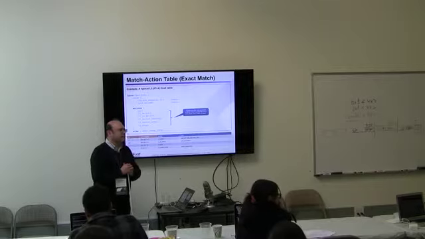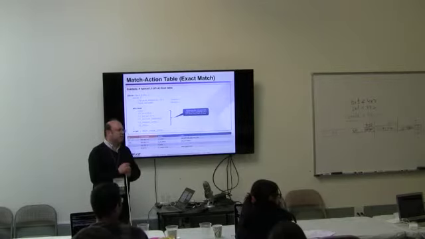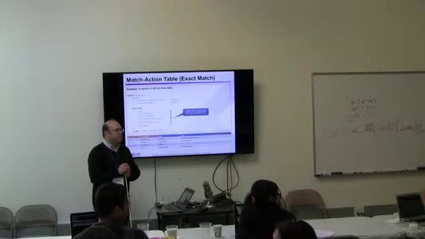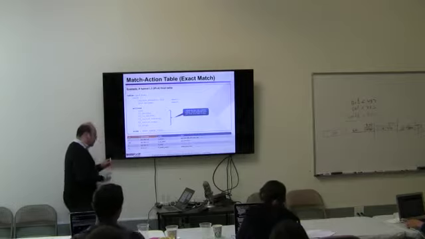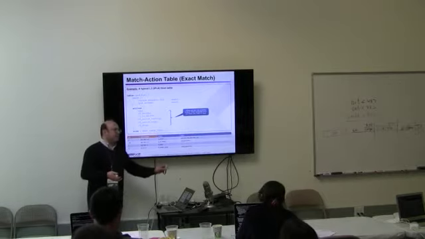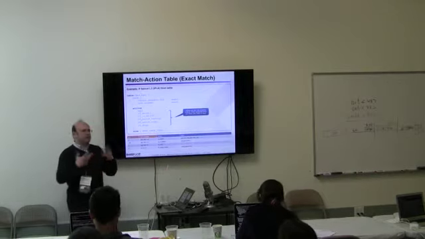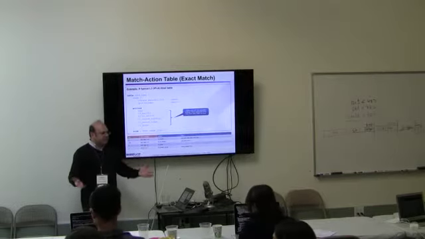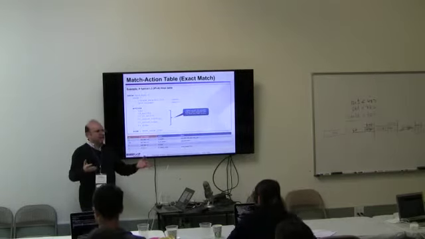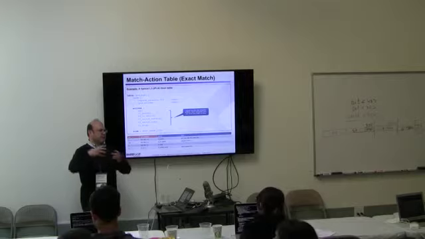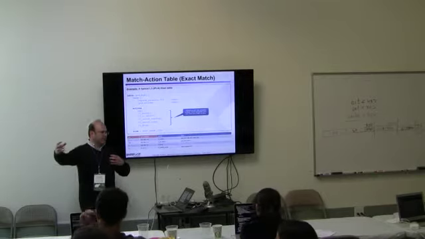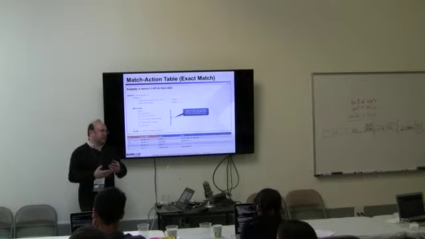For exact match, where does the hashing happen? Well, how this is implemented can vary in a variety of ways. In a software implementation, you can have a linear search, or you can build a hash, maybe with actual buckets with lists, and then you go through those lists.